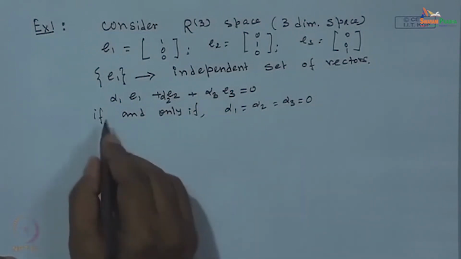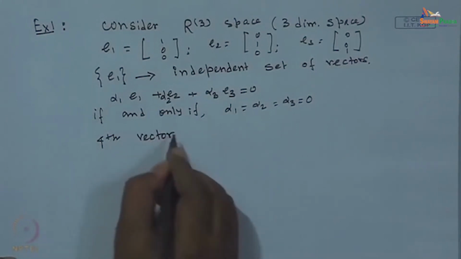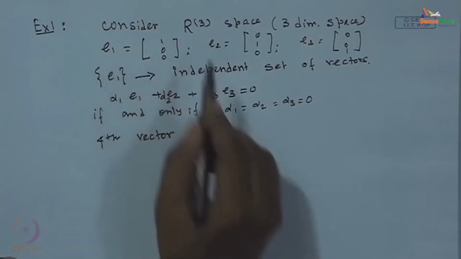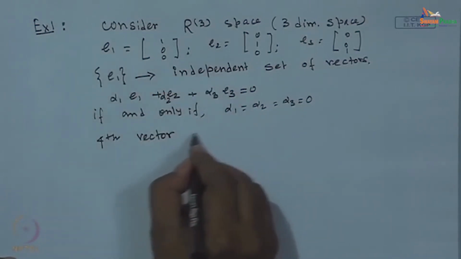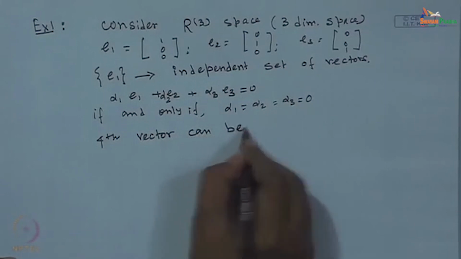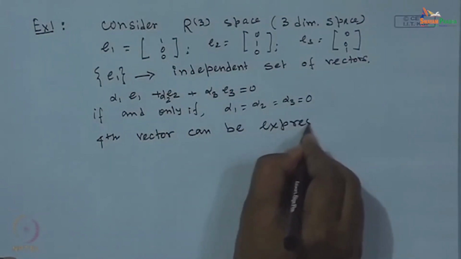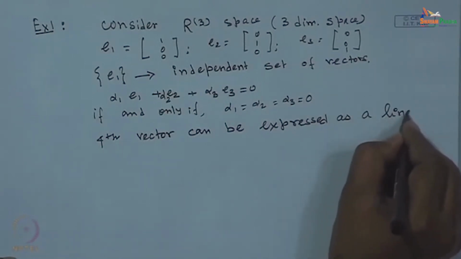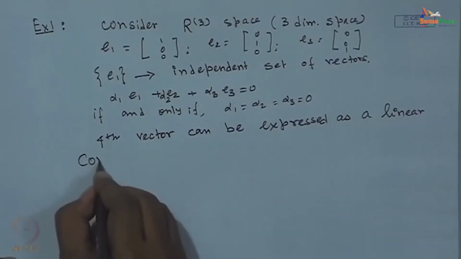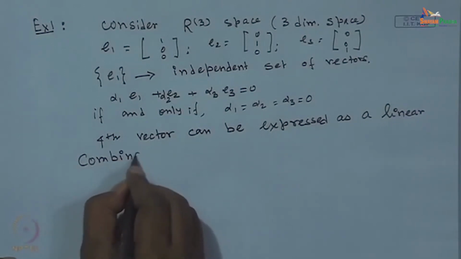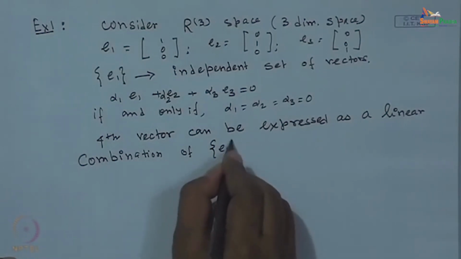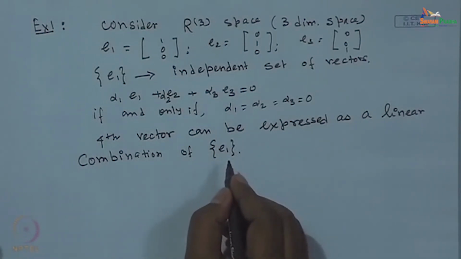Any other vector, any 4th vector in the space, can be expressed as a linear combination of the independent set of vectors E1, E2 and E3.